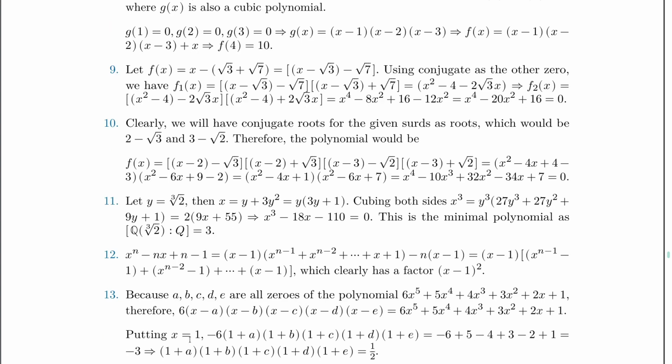So we put x is equal to 1. If we put x is equal to 1 we get minus 6 into 1 minus a, 1 minus b, 1 minus c, 1 minus d, 1 minus e is equal to minus 3, which implies that 1 minus a into 1 minus b into 1 minus c into 1 minus d into 1 minus e is equal to half.